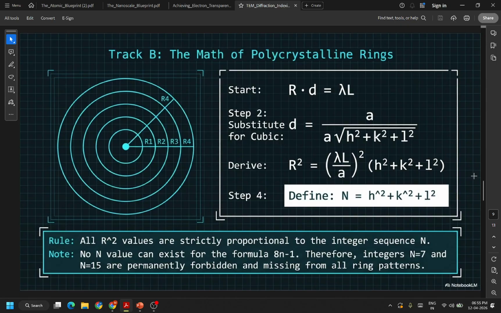So we get that all r square values are strictly proportional to the integer sequence n. So no n value can exist of the form 8n minus 1. Therefore, integers n 7 and n 15 are permanently forbidden and missing from all ring patterns.